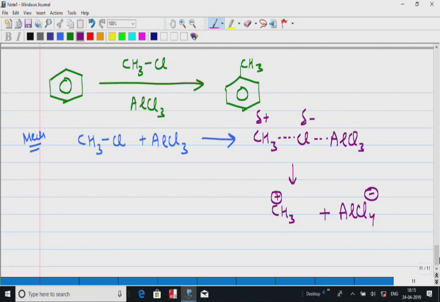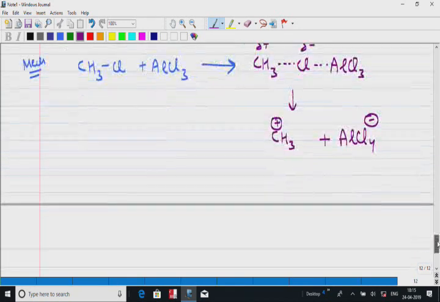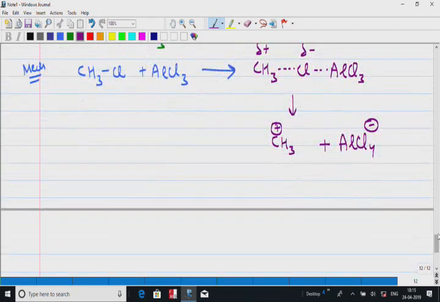Yes, if I am asking where is my electrophile here, you will say ma'am it's the CH3 plus, okay? So can I write the next step, the attack of the electrophile on the benzene? Obviously CH3, okay? So I hope you people got the concept now. This is the CH3 plus.